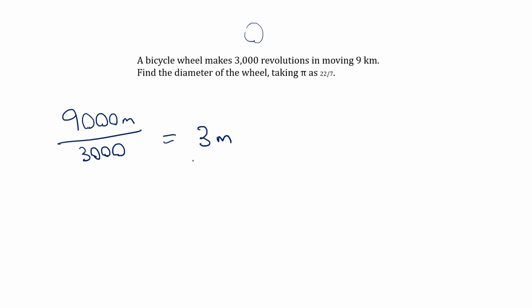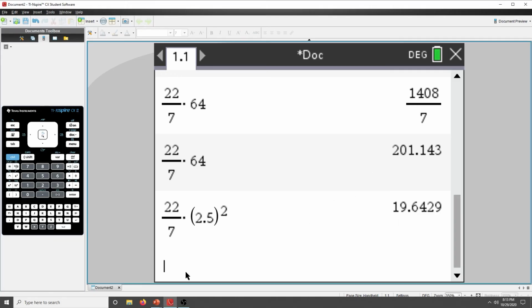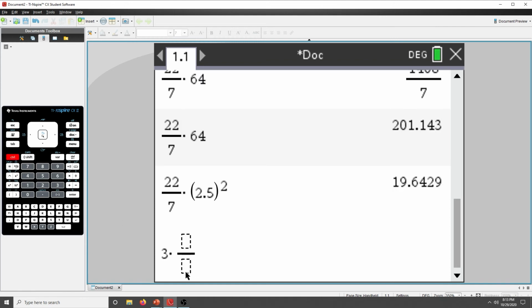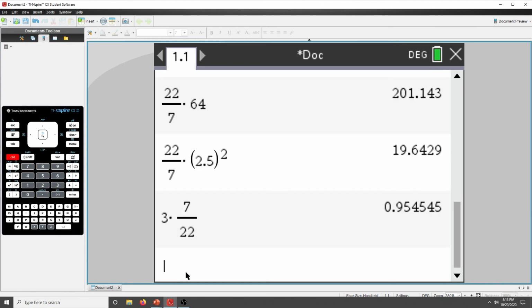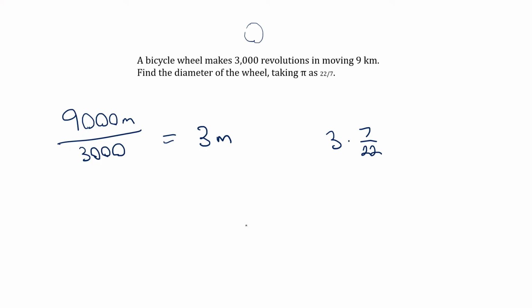We want the diameter. If the circumference is the diameter times pi, then we have to divide out the pi from this 3. So 3 times 7 over 22, which is the same as dividing by 22 over 7, is going to give us 0.9545 repeating meters.